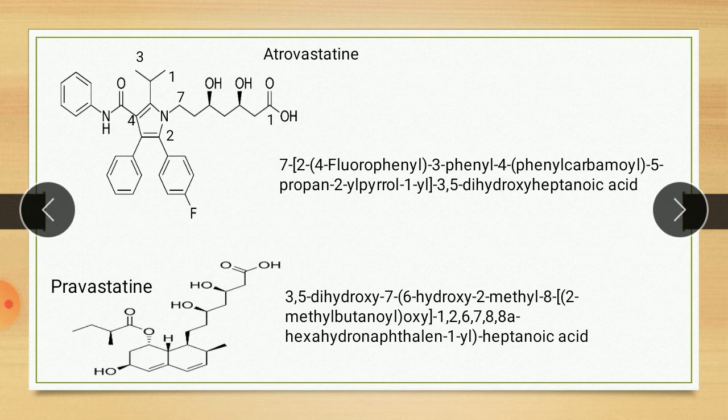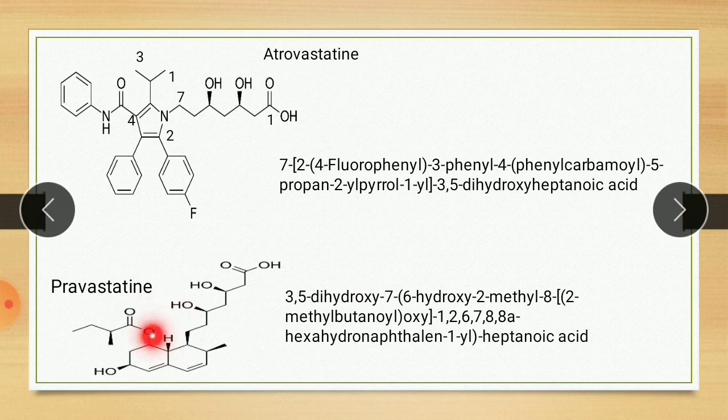Next drug is pravastatin. Again in pravastatin this group is the same, that is heptanoic acid, 7 carbon with an acid group. Here 3,5-dihydroxy means two hydroxyl groups on the third and 5 position. Then on the 7 position this ring is attached, which has 6-hydroxy, 2-methyl, and here is 8.